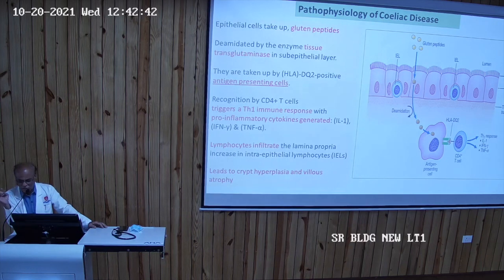You see tissue transglutaminase is present, which will deaminate this gluten peptide, and it is taken by the APC, antigen presenting cell, and it will go direct the CD4 T cell, and it will make the inflammatory markers, interleukin 1, interferon, and TNF alpha, and they'll induce the lymphocytic infiltration. So there will be autoimmunity developed there, and it will pro-inflammatory cytokine. It will cause lymphocyte infiltration and will lead to crypt hyperplasia and villus atrophy.